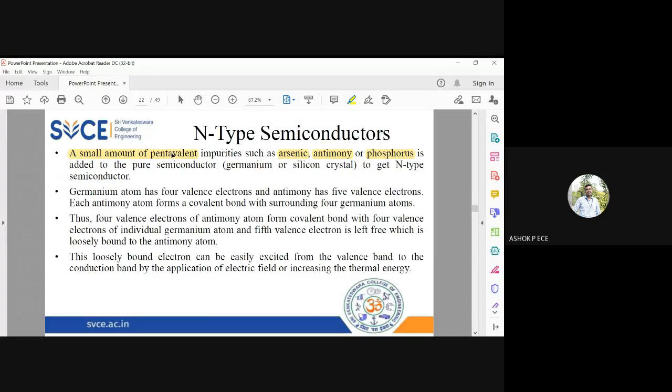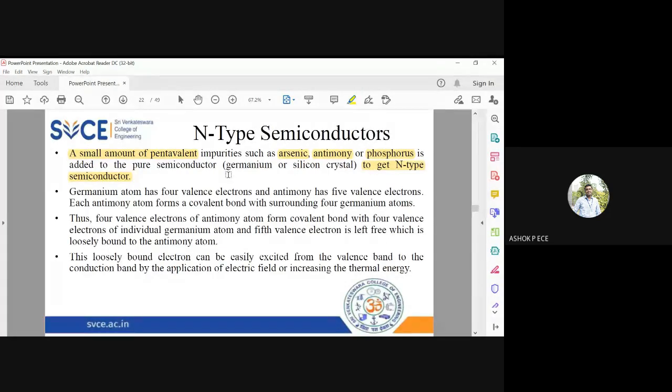Because of 5 valence electrons in the outermost band. So when these 3 elements are added to silicon and germanium, the intrinsic semiconductor becomes an N-type extrinsic semiconductor. N-type means it has a large number of electrons, and extrinsic means it becomes impure.